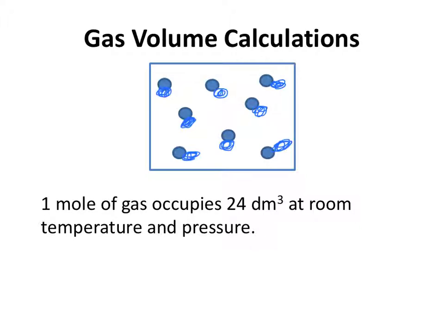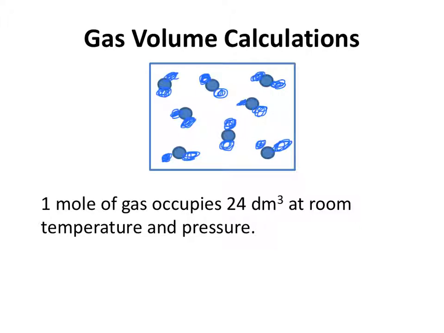If we turned it into water vapour, H2O, with the oxygen in the centre and hydrogens bonded there and there, again all we're doing is filling up the space between the molecules. The actual substance is not going to take up any more room. So it doesn't matter what the identity of the gas is, provided you're at room temperature and pressure, 1 mole of the gas is going to occupy 24 decimeters cubed.